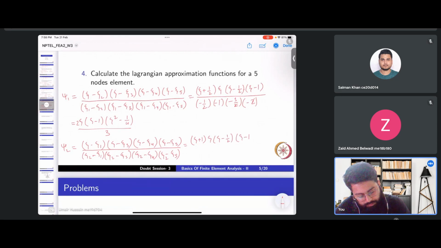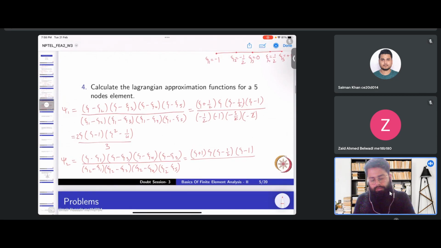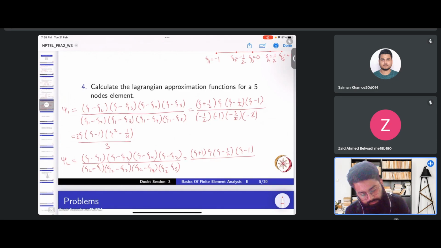Zeta minus 1. Zeta 2 is minus half. Minus half minus, minus half plus 1 is half. Then we have minus half minus 0 is again minus half. Minus half minus half is minus 1.